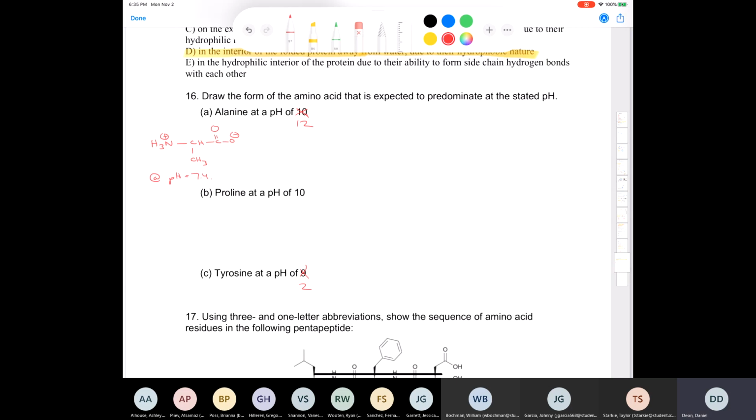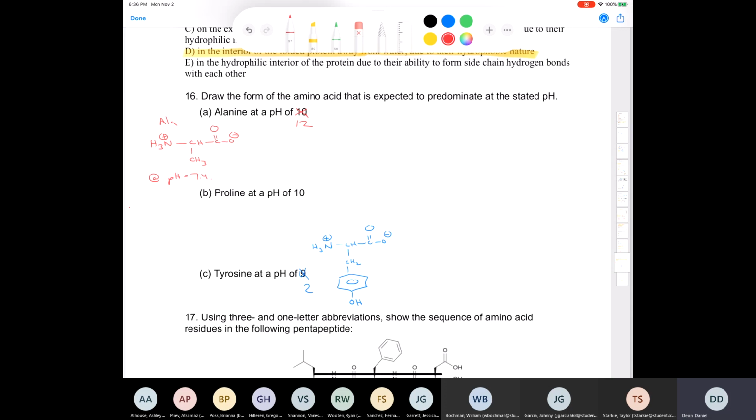I'll draw the structure of tyrosine. So again, this is alanine. Tyrosine looks like this. If you haven't looked them up already, tyrosine looks like this. So we have CH2, we have an aromatic ring, and then we have a hydroxyl. So here's what all I really expect you to know. If you were to take alanine and put it in a pH of 12, is a pH of 12 acidic or basic?